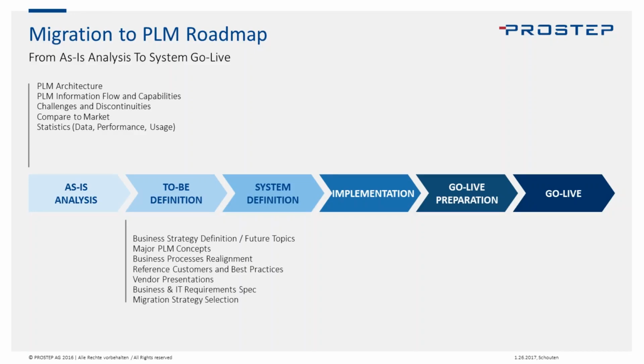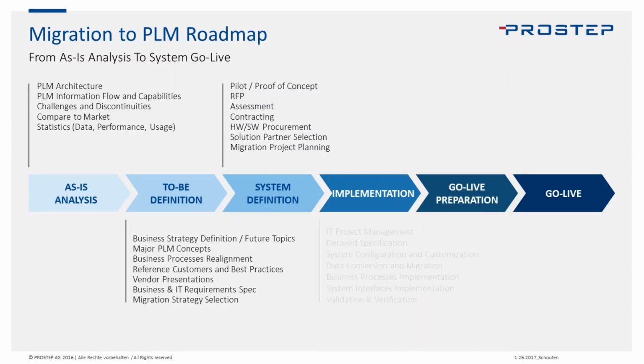After that, you're going to start talking about workflows, big PLM concepts, how to use vendor data, how to use supplier data, business process alignments, maybe the business changes to the PLM alignment, and selecting a migration strategy, which I think should be part of this to-be definition for PLM. Then RFPs, hardware and software procurement, doing a system definition, and then starting your migration project planning at that point in time.